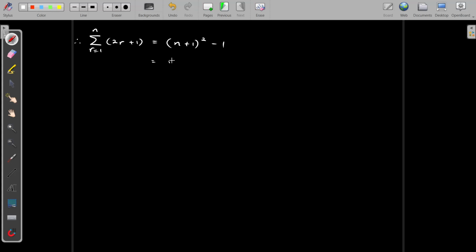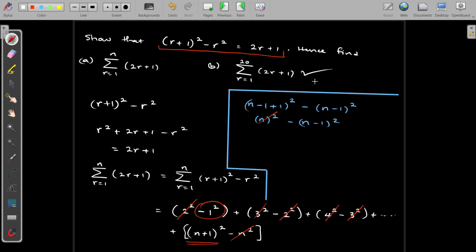We can expand. So this is just n squared plus 2n, and the reason why we're expanding and simplifying is because of this piece. We need to evaluate this.